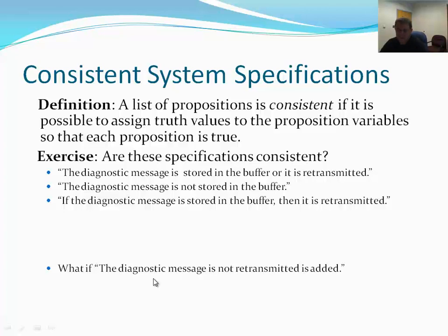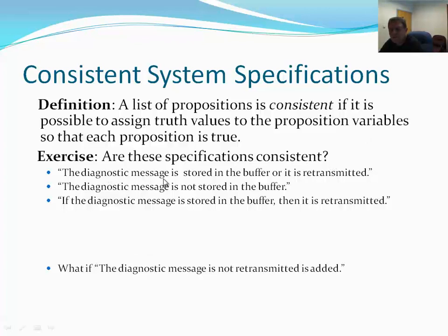Consistent system specifications. Definition: a list of propositions is consistent if it is possible to assign truth values to the proposition variables so that each proposition is true. As I said, you put them on a truth table and then you check to see if it is true or it's not true. Here's one example. Are these specifications consistent?